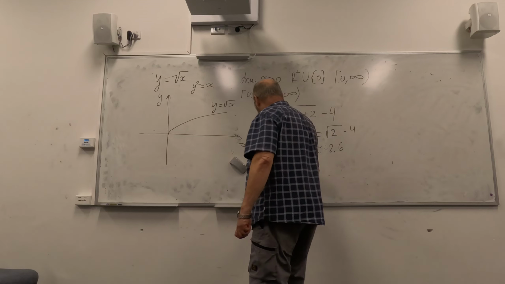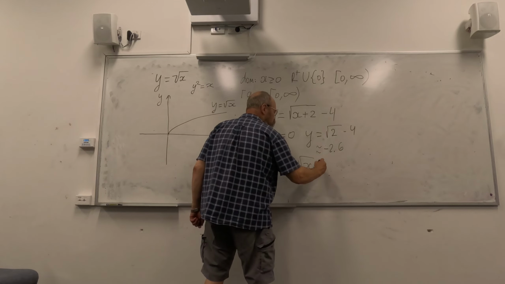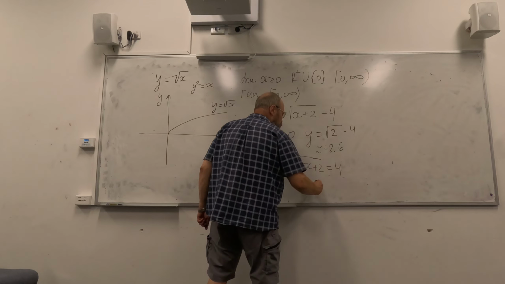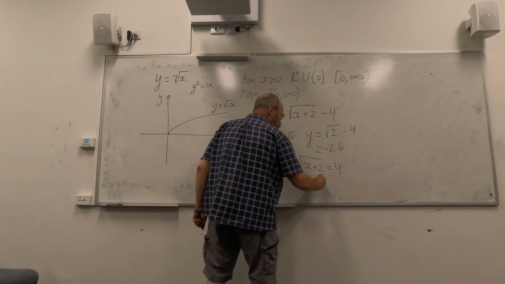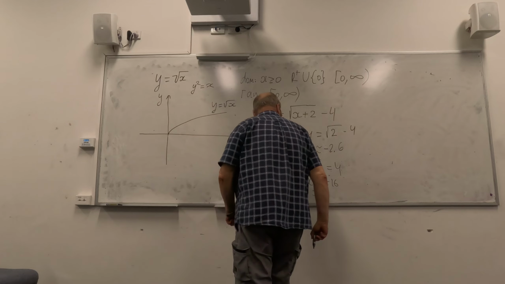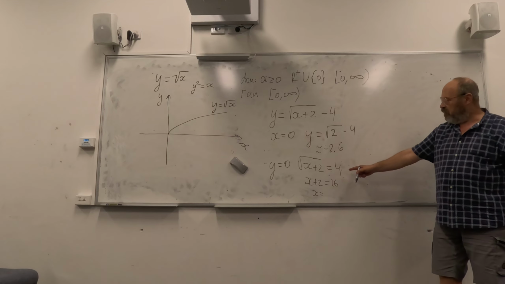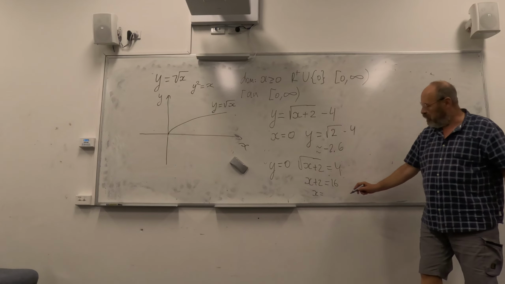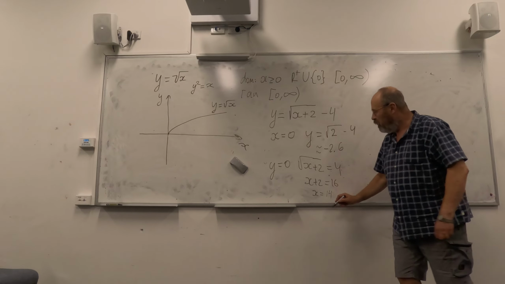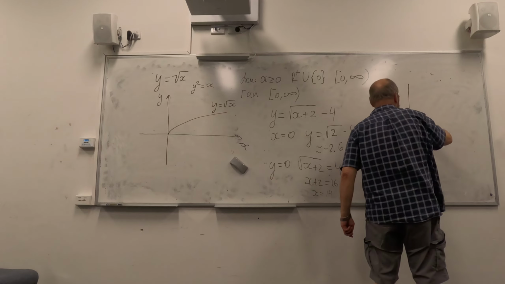Y equals 0, we will get square root of x plus 2 equals 4. So x plus 2 equals 4 squared, which is 16, x equals 14. So now we can sketch the graph. We have all necessary information.